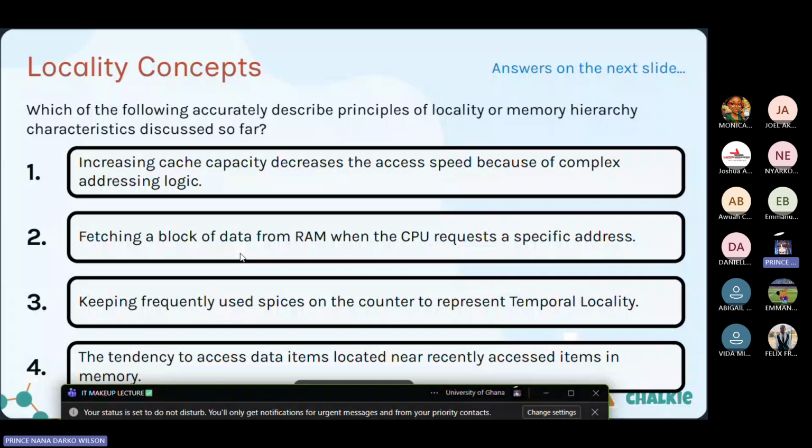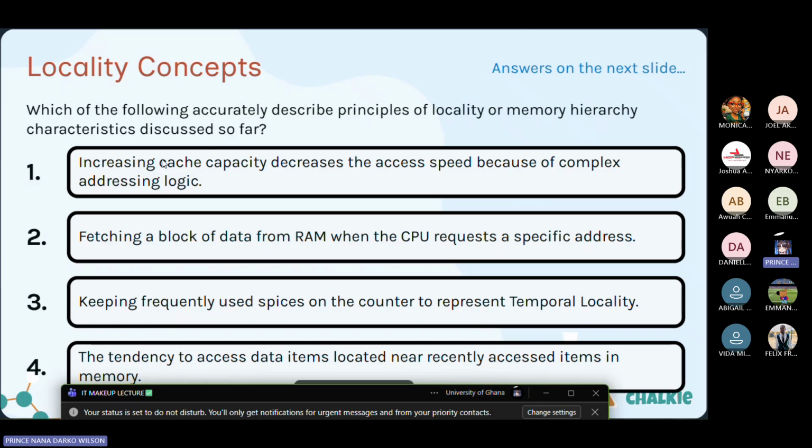Fetching a block of data from RAM when the CPU requests a specific address, that's true. If the CPU points to a particular address, that address is where we'll be fetching whatever is held from. And also, keeping frequently used spices on the counter represents temporal locality. That's true. We learned that temporal locality means things that will be frequently used are kept near the CPU so that they can be easily referenced. And the tendency to access data items located near recently accessed items is about spatial locality, so it's also true.